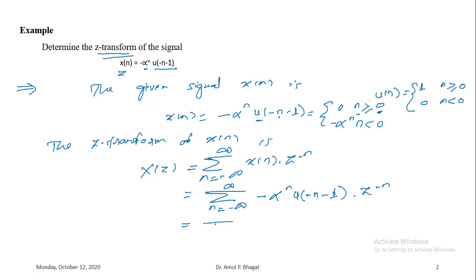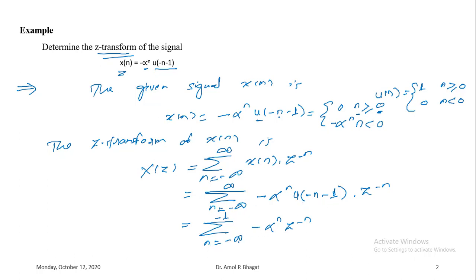So you can modify this limit of summation as n equal to minus infinity to minus 1 of minus alpha to the power n z to the power minus n. So all the positive values of n are eliminated from this summation, because for n greater than or equal to 0, u of minus n minus 1 will be 0, right?